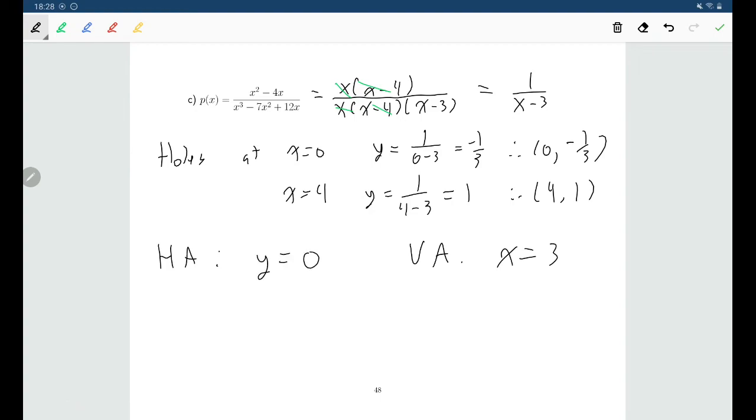So we have a line of y equals 0 as a horizontal asymptote and a line of x equals 3 as our vertical asymptote. And again, whether we're using the simplified version or the unsimplified, the degree of the bottom is larger than the degree of the top. That's the reason why our horizontal asymptote is y equals 0.